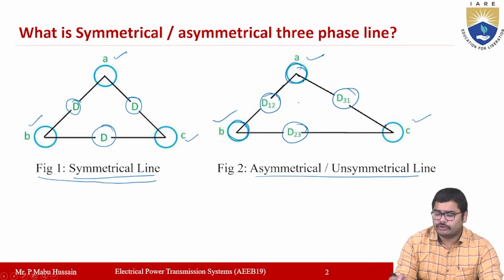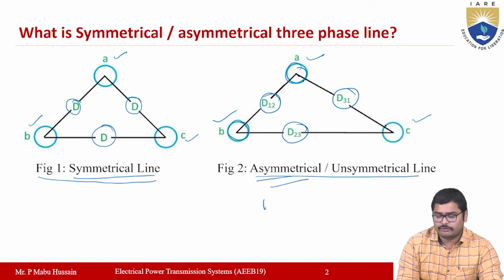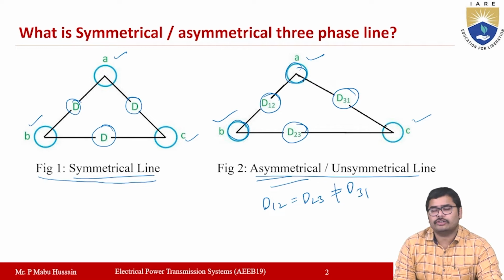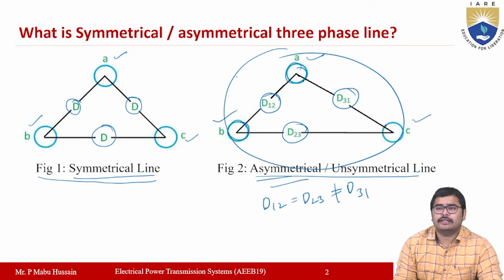Even if two distances are the same and not equal to the third one, such a transmission line is called an asymmetrical or unsymmetrical transmission line. Suppose D12 may be equal to D23, but if it is not equal to D31, in such a case also this type of transmission line is an asymmetrical or unsymmetrical transmission line.